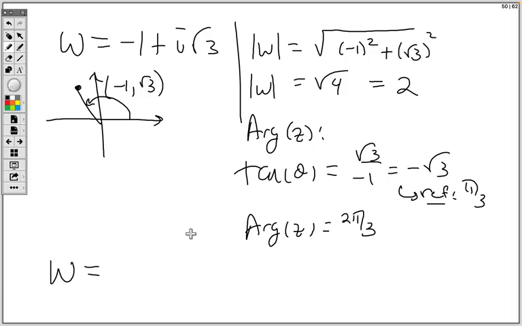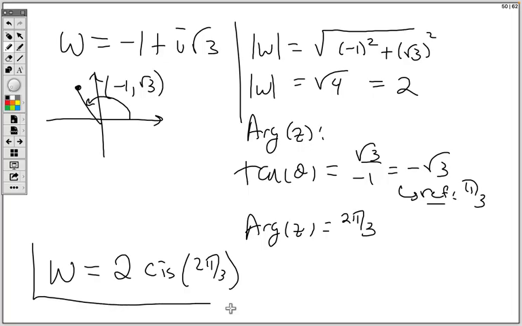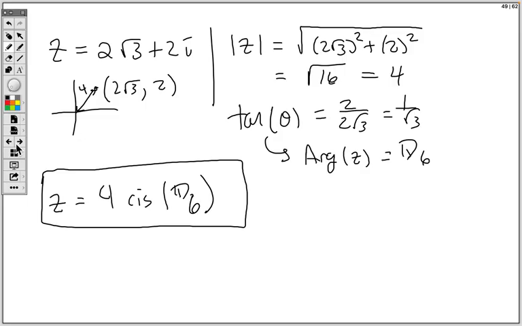And so I get the polar form of w is 2 cis 2 pi over 3. And once again, the best way to check your answer is to write that out. Cosine of 2 pi over 3 plus i sine of 2 pi over 3, multiply through by 2. So now I'm going to record these polar forms here.